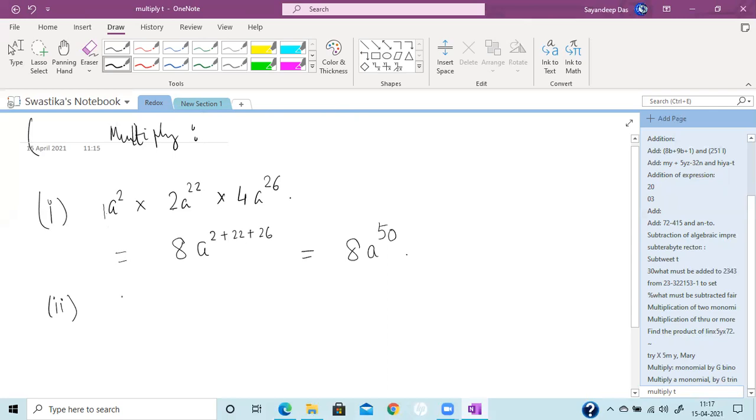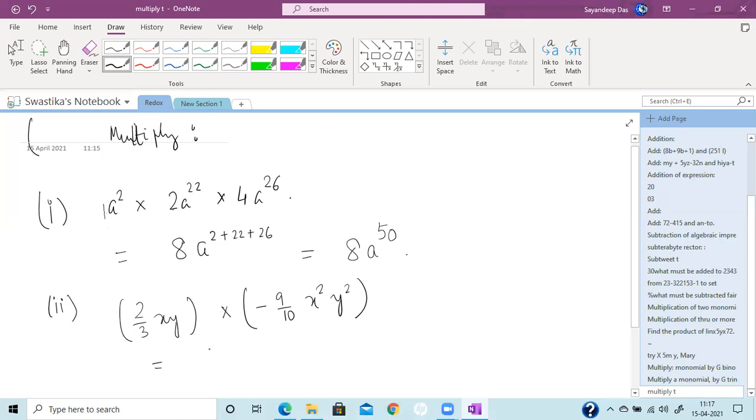Now we'll take one example where the coefficients are in fraction. Suppose you are given this kind of monomial 2 by 3xy into minus 9 by 10 x square y square. These two monomials you'll have to multiply.